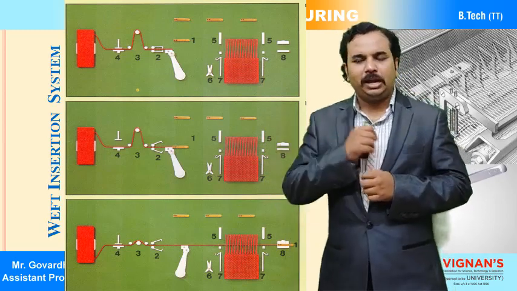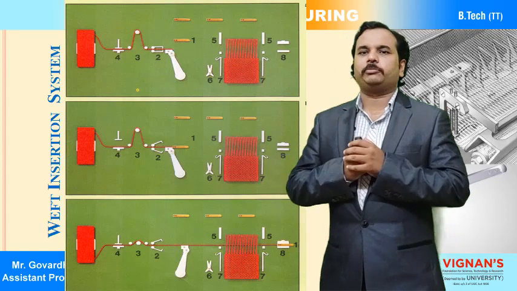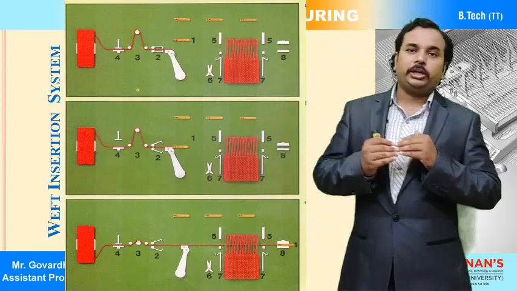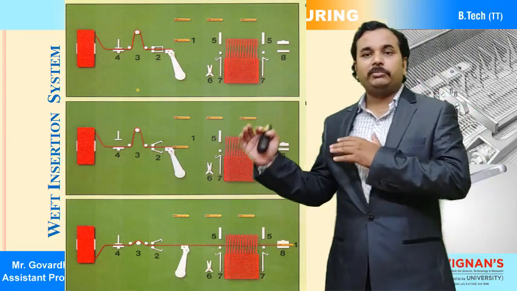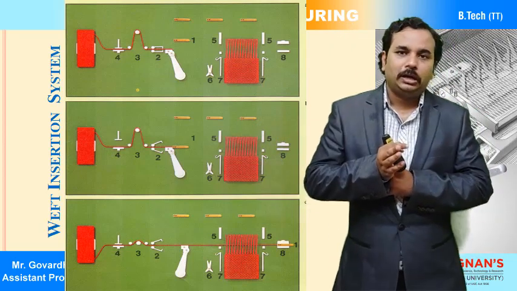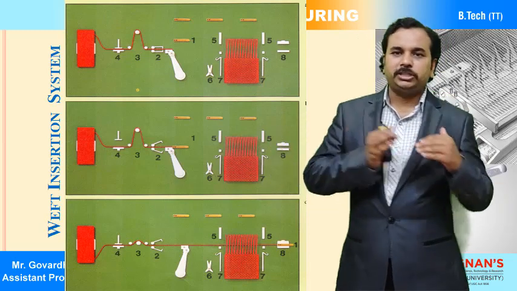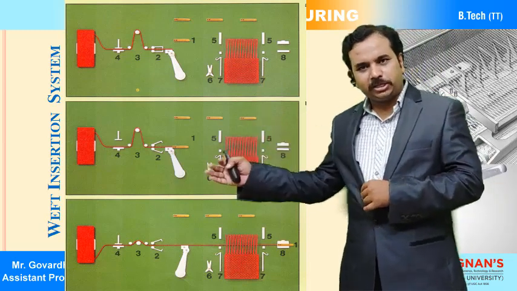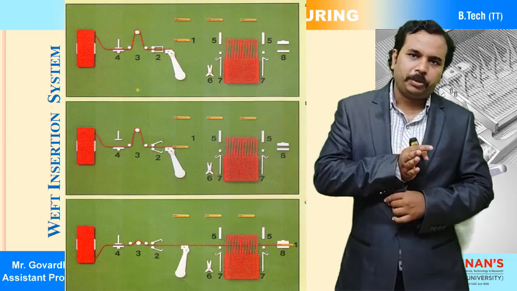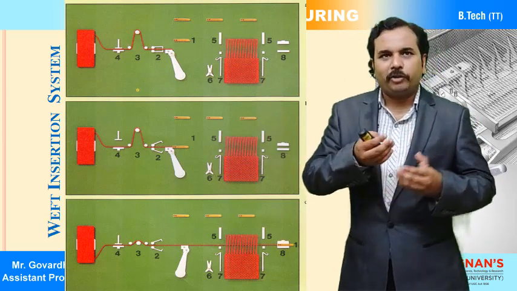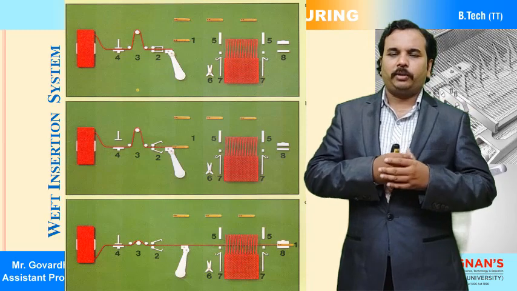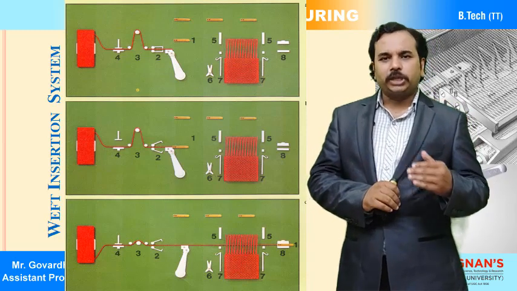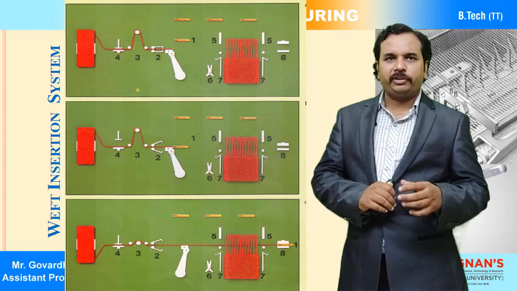On the top side, the projectiles are coming from the receiving side to the picking side. Once projectile 1 has reached the picking position, the projectile feeder feeds the weft yarn.